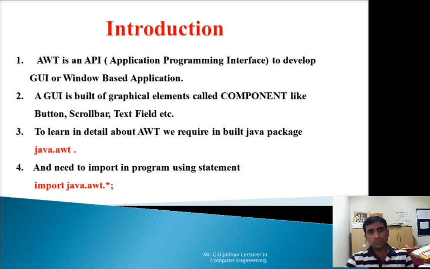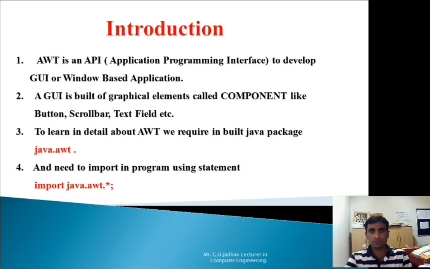Now in this chapter we will see the introductory part of AWT. What is the meaning of AWT, or what is AWT? AWT is an API. You know, API is nothing but Application Programming Interface.